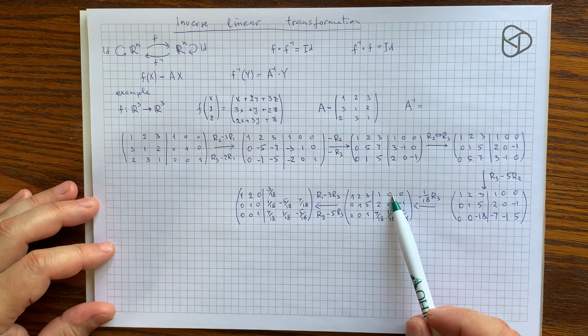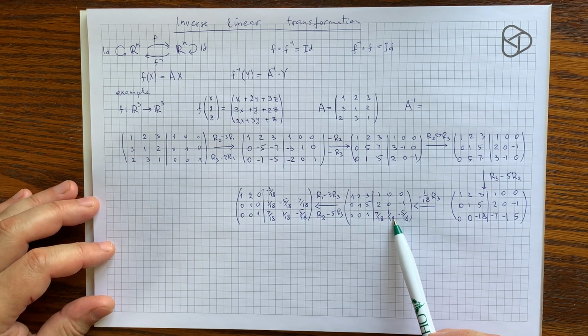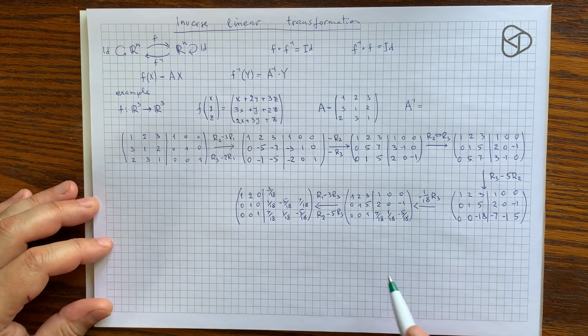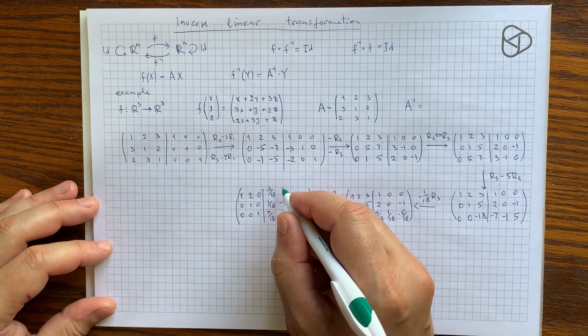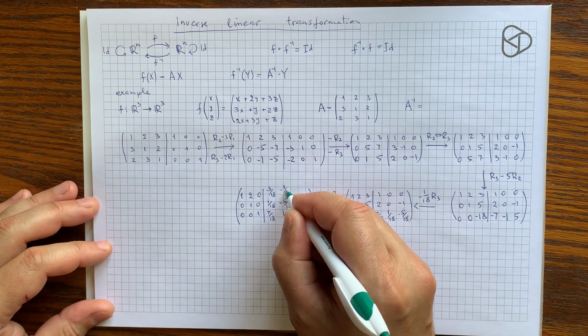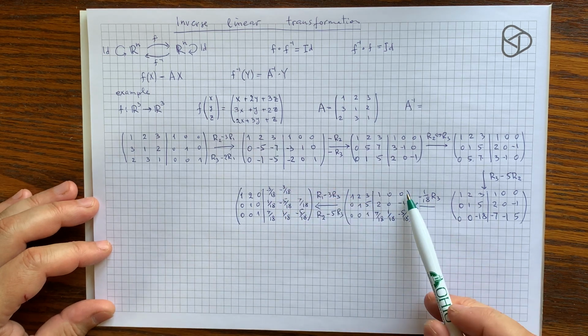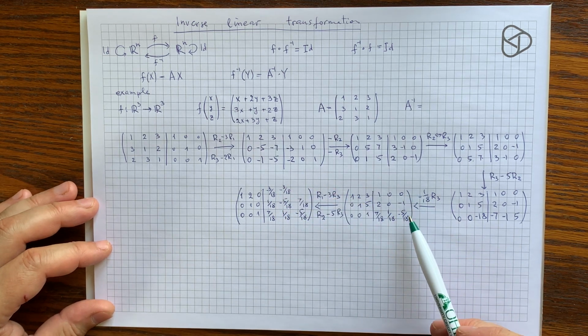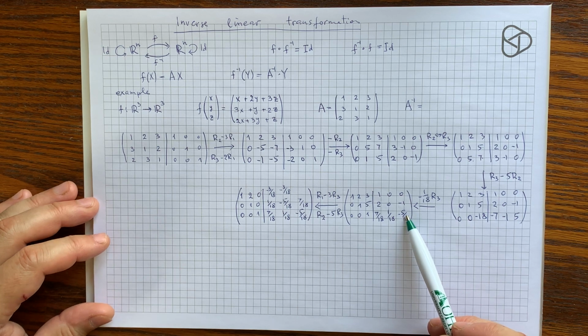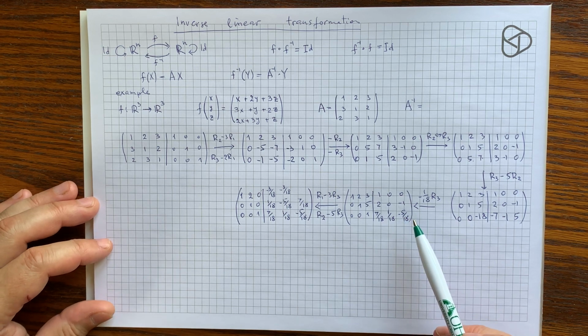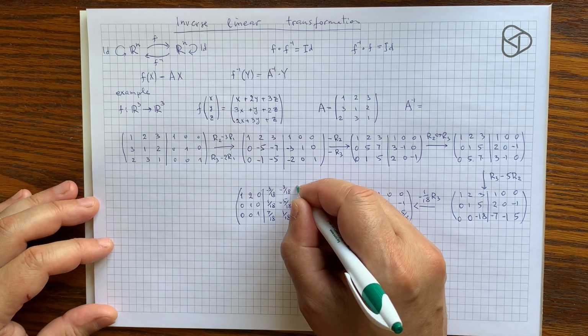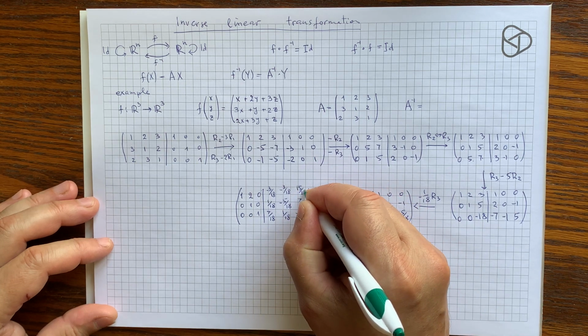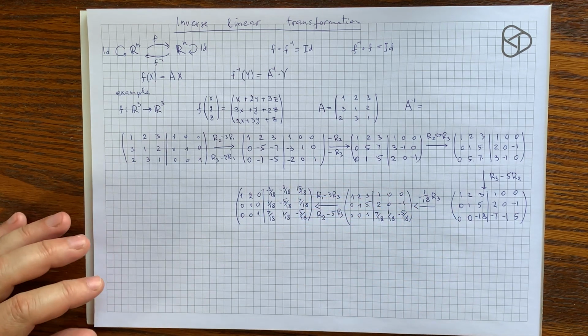In this position, 0 minus 3 over 18, it will be negative 3 over 18 again. And in this position, 0 without negative 15 over 18, so it will be just positive 15 over 18.